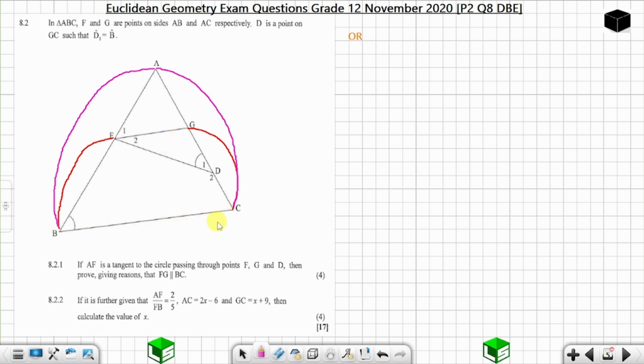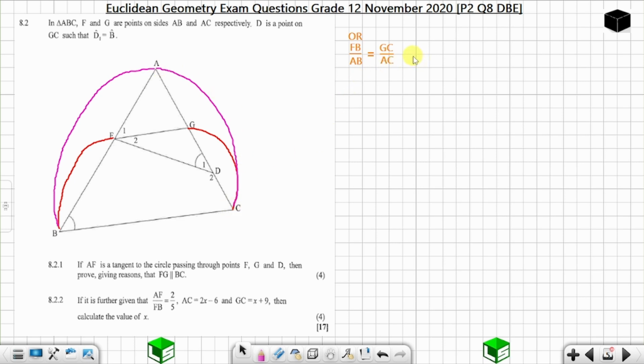So you can use the triangle proportionality theorem. So you have FB over AB is equal to GC over AC.